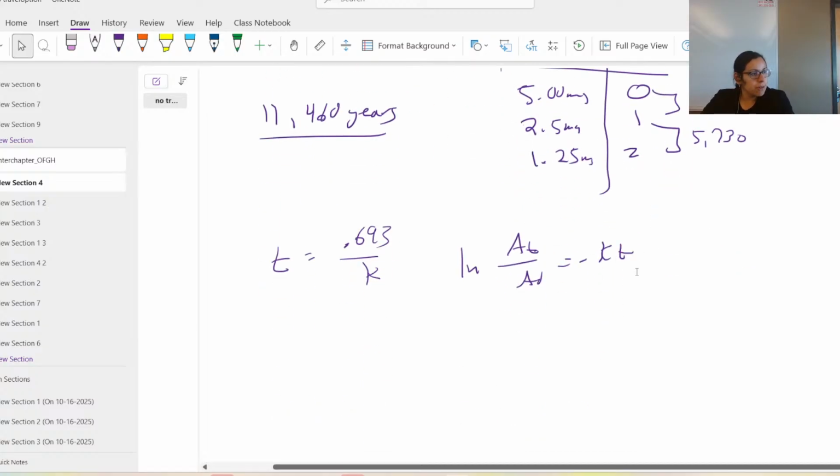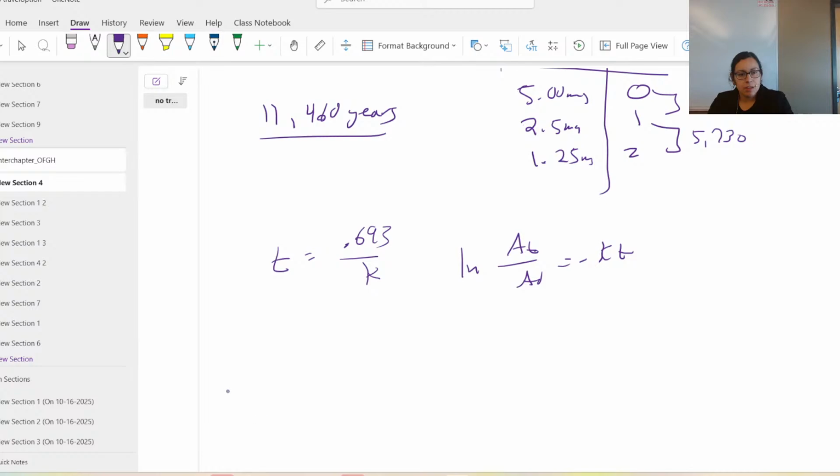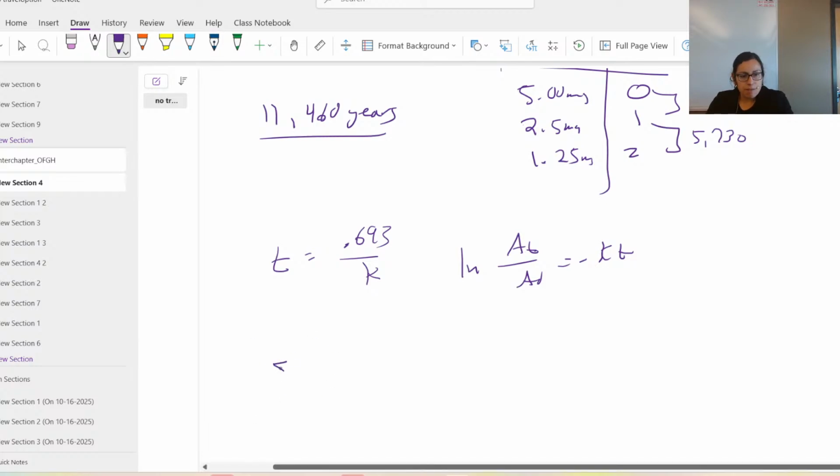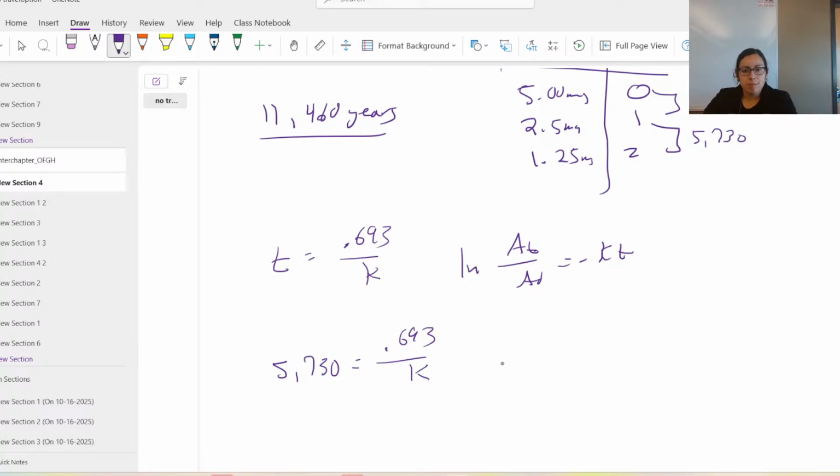And then with the formula, I think people want to see the formula. So we could set up our half-life: 5,730 is equal to 0.693 over k. So solve for that.